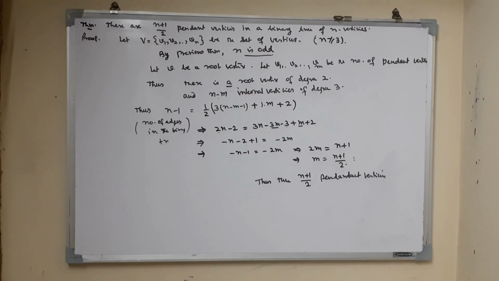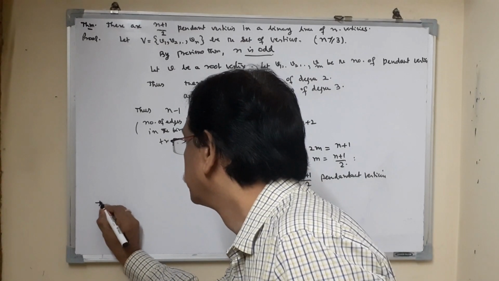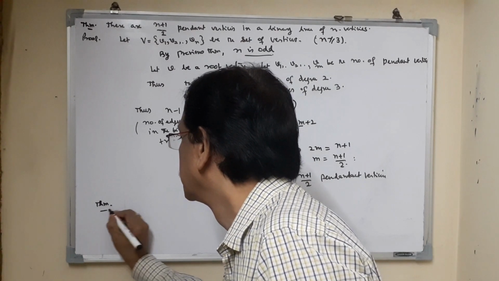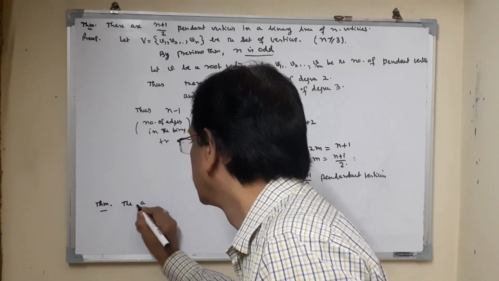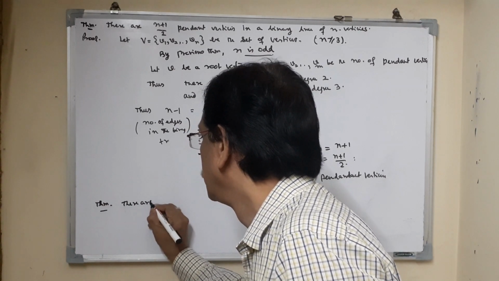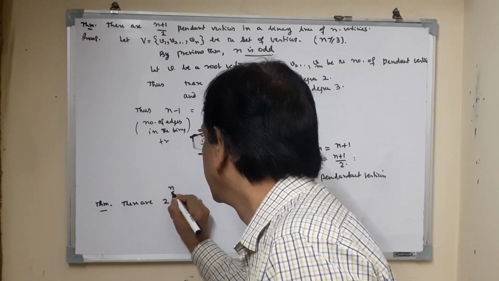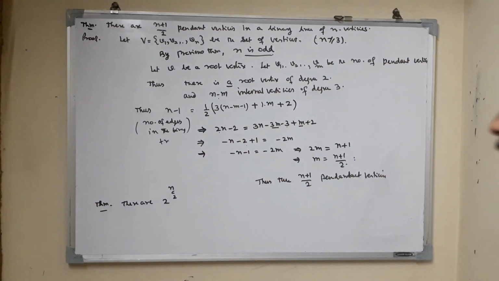Now, another interesting theorem: there are 2 power nC2 labeled graphs.